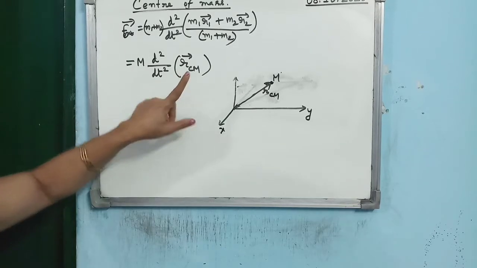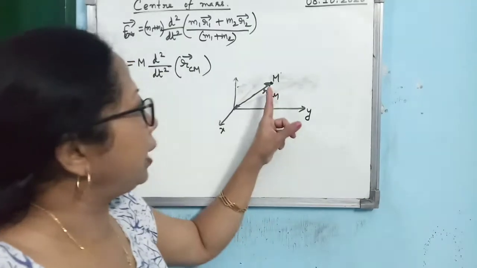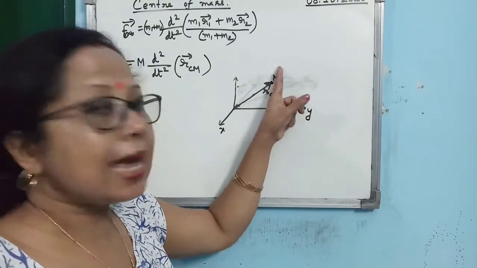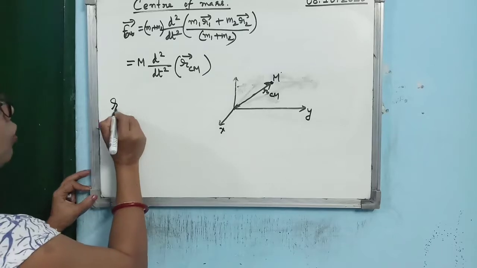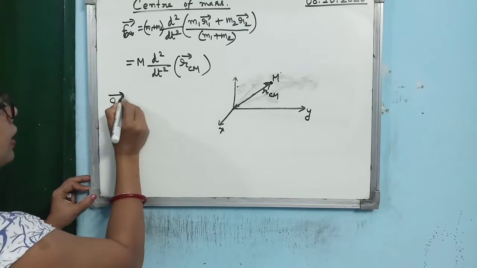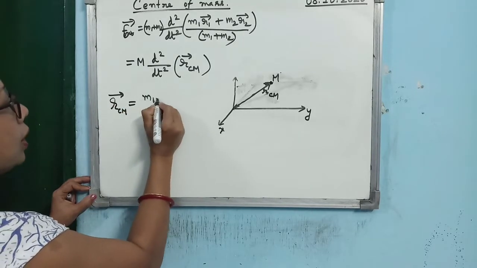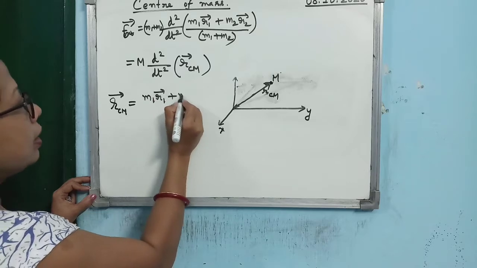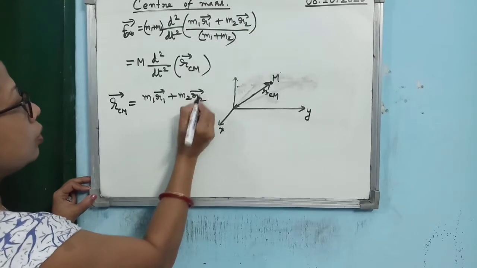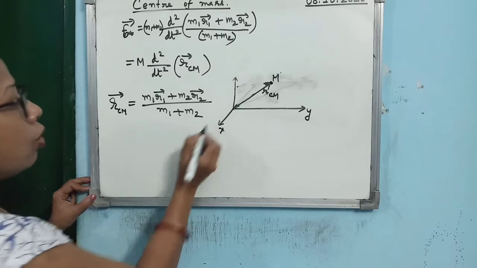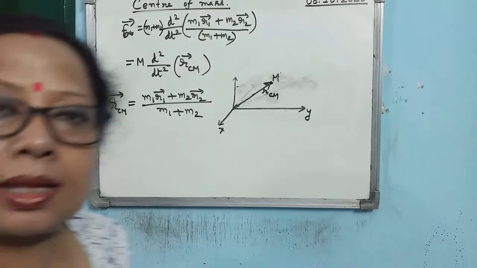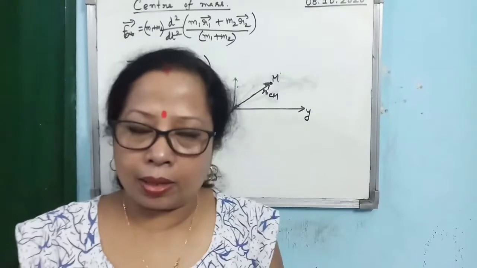RCM is the position vector of the point where the entire mass is assumed to be concentrated. So according to this relation, RCM is equal to M1 R1 plus M2 R2 divided by either M1 plus M2 or the total mass, big M.